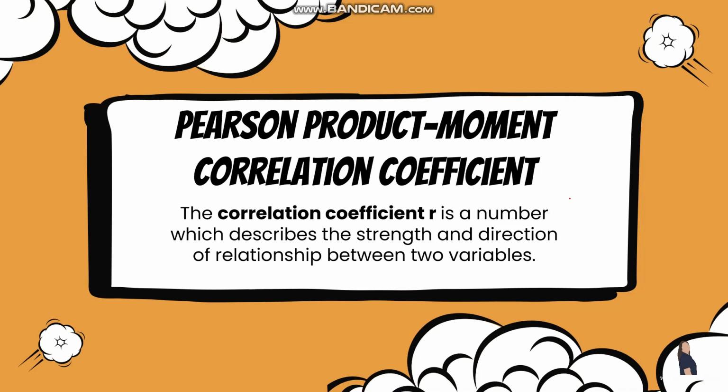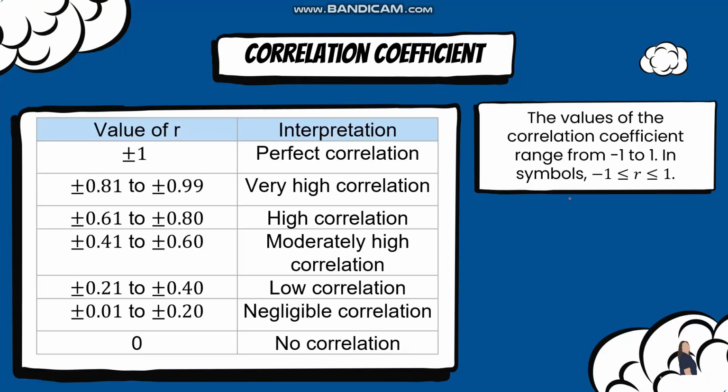Now after solving for the correlation coefficient r, we just have to look at the scale. So here is an example of a scale that we're going to follow. If you search on the internet, there are a lot of scales available. It might be different from the one that I'm showing you, but you just have to refer to the one that you're using.